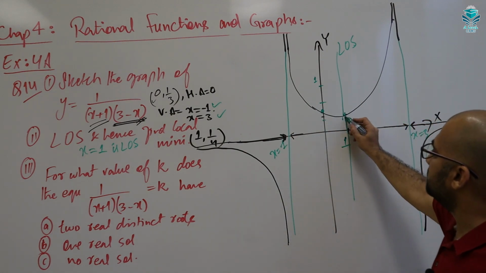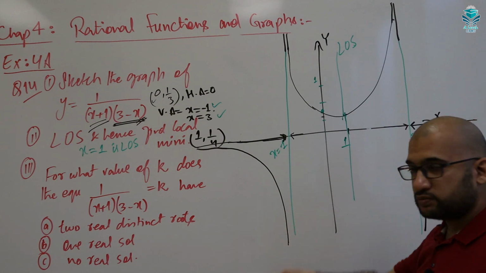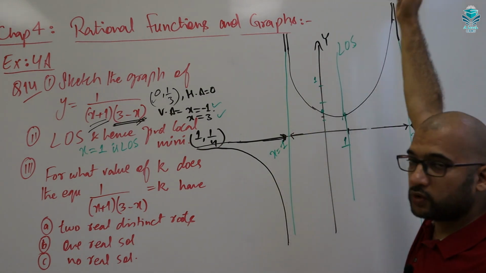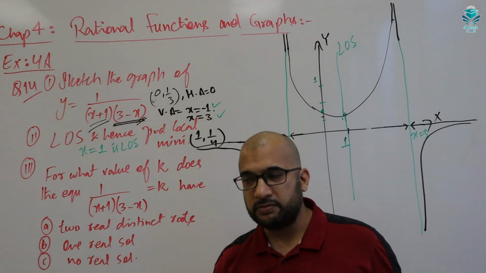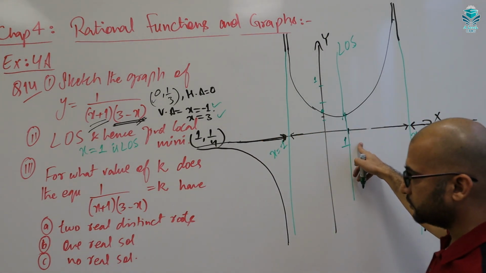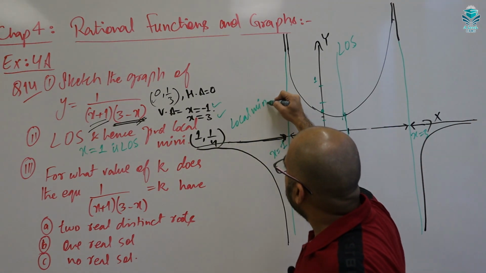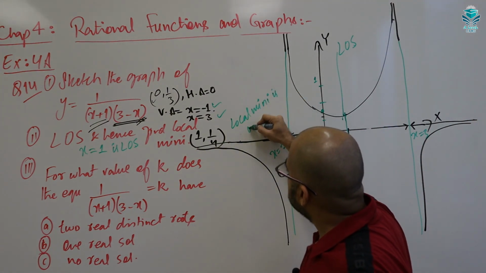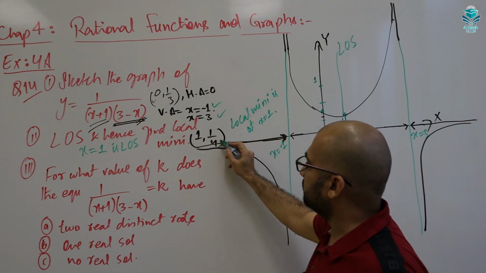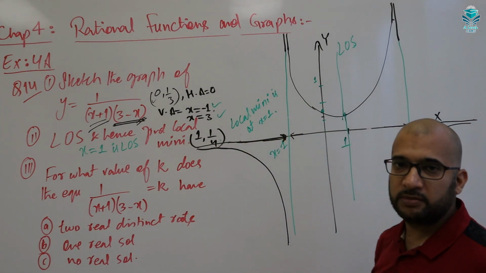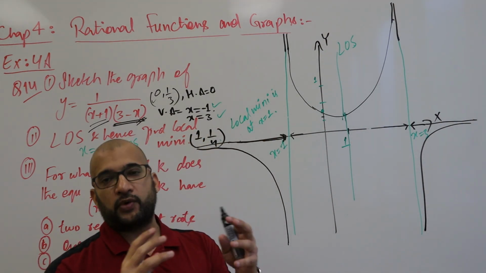Hence, the minimum of the whole function is negative infinity, the maximum of the whole function is positive infinity, meaning these are undefined, but the local minimum is at x equal to 1 and its value is 1/4. So a local minimum is a minimum about the neighborhood of a point.